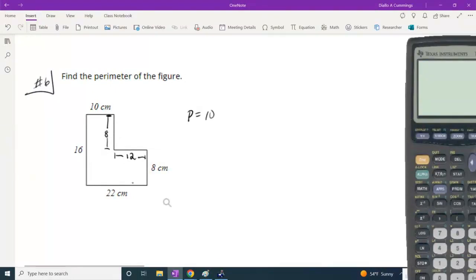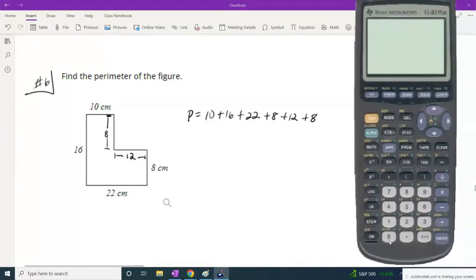So the perimeter here is 10 plus 16 plus 22 plus 8 plus 12 plus 8, and if I add all of those up together, I get 76 centimeters.